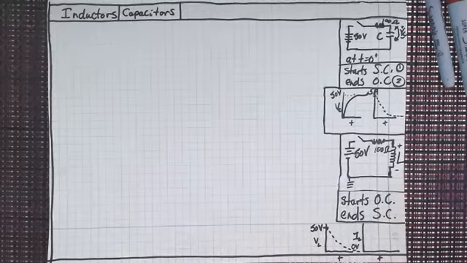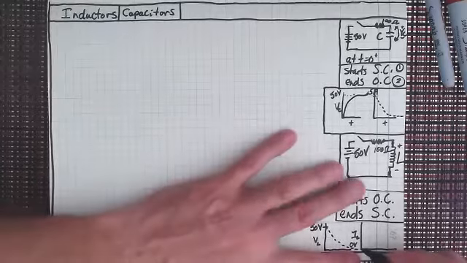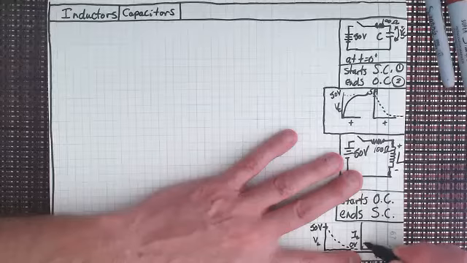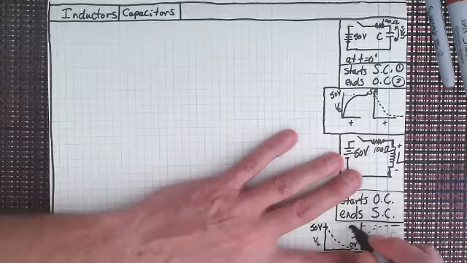through the inductor? Well, it starts as an open circuit. If it's an open circuit, there's not going to be any current flowing through there. Then eventually it gets up to a maximum. And what is that maximum? 0.5 amps.